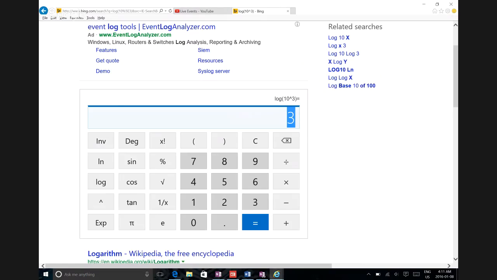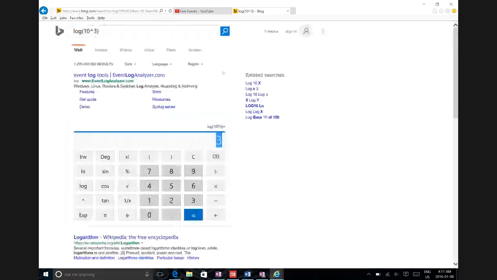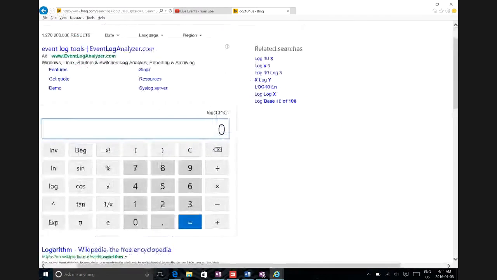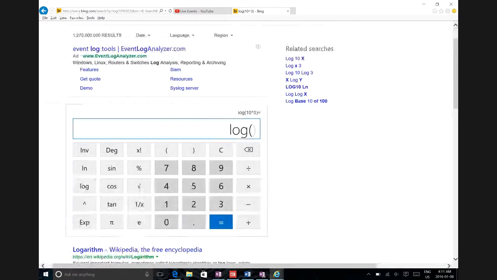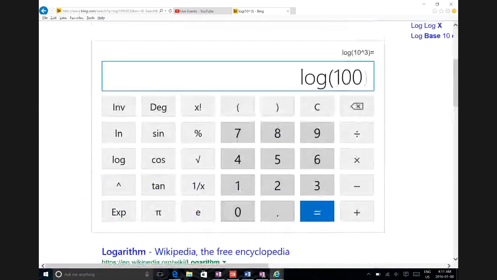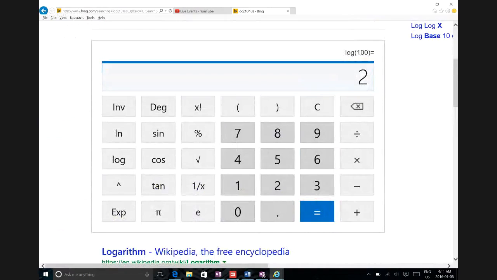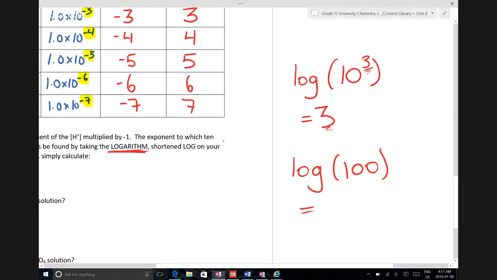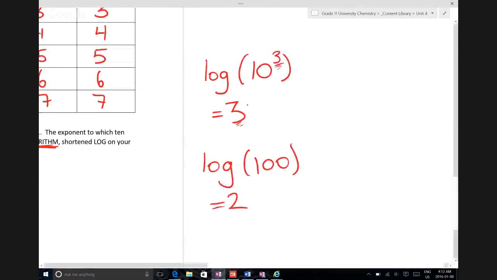And again, I'll say log 100. And it will tell me that the answer is 2. And again, the reason that works is if we take 10 to the exponent 2, it gives us 100.